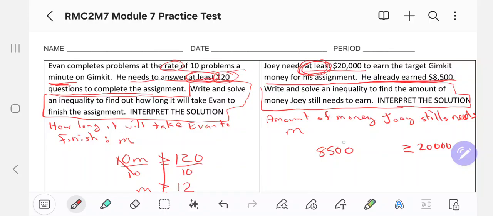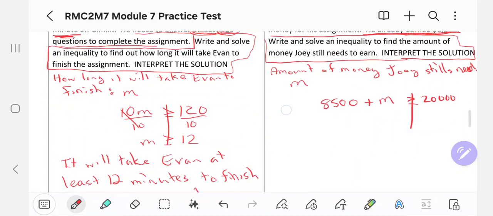Okay, and then the money he still needs is just going to be added on to what he already has. And that's all we have to do. So that's just a simple addition problem where we solve by subtracting. All right, and the money he still needs, he has to at least get $1,150 on Gimkit.